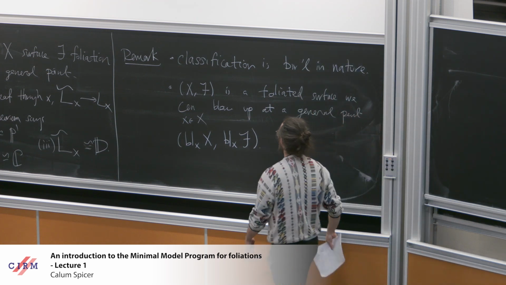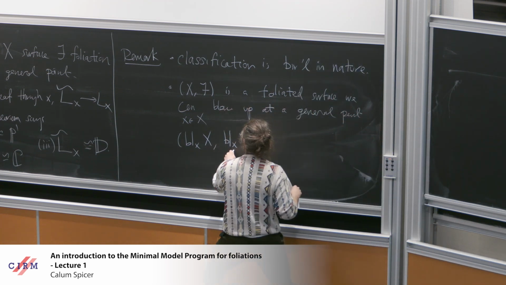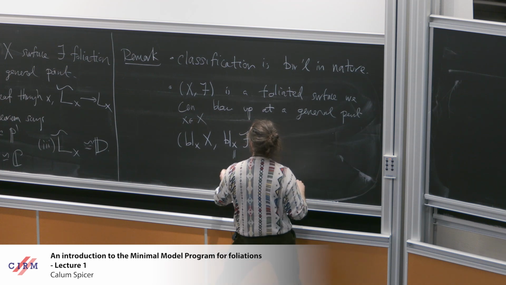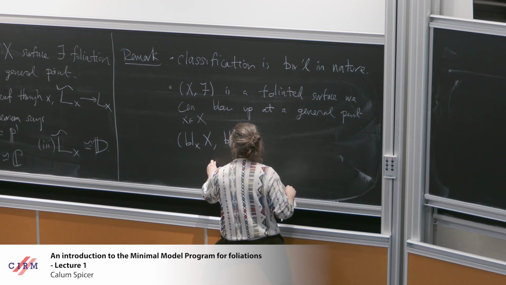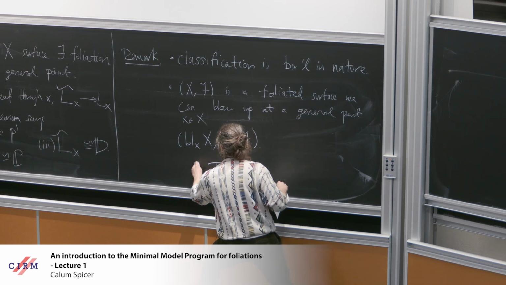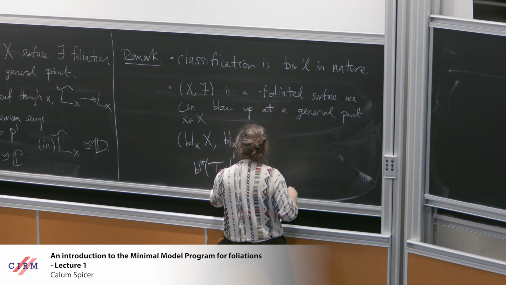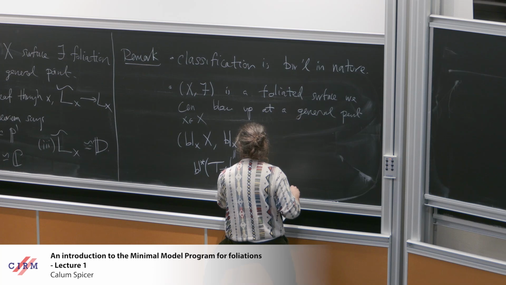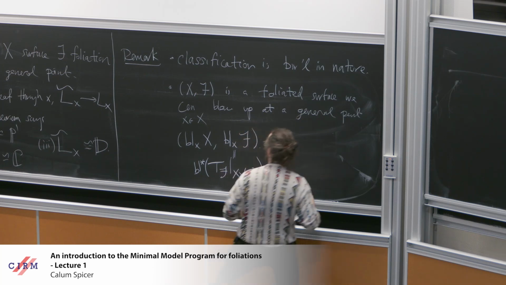Alternatively, this is the same thing as what you do when you take the pullback along the blow up morphism of TF restricted to X minus the point.